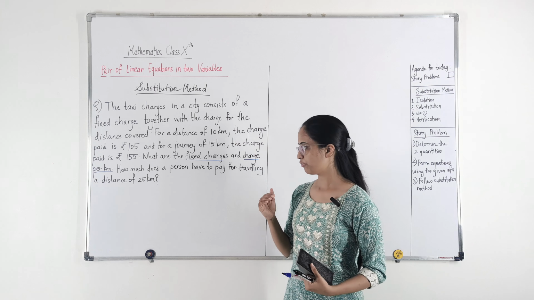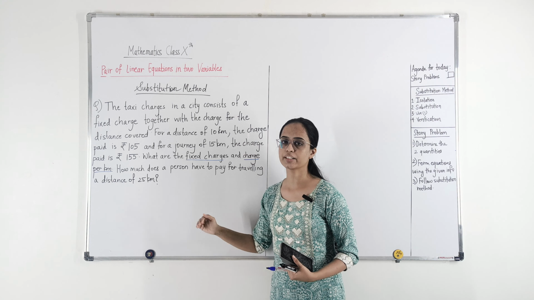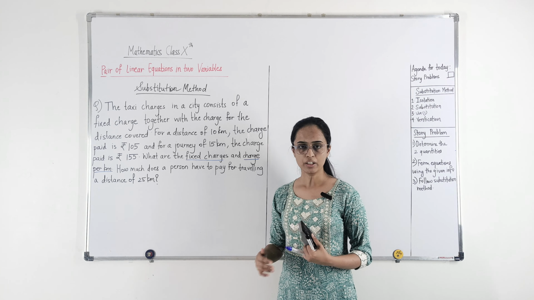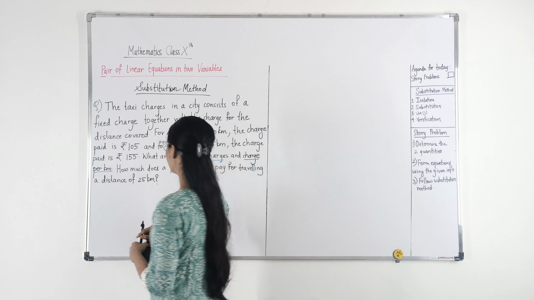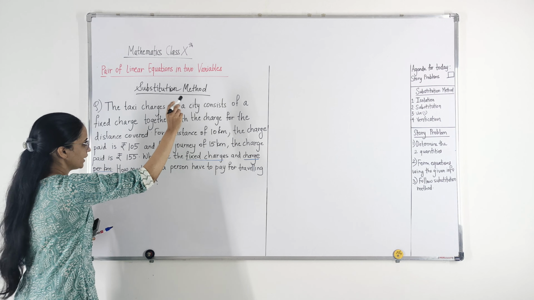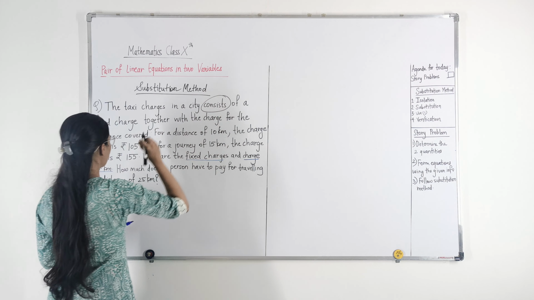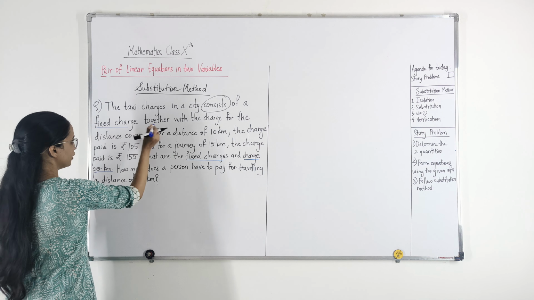Now let's start. We will first understand this entire question part by part and then we would solve it. Here, the question says that taxi charges in a city consist of a fixed charge together, meaning added, with a charge for the distance covered.